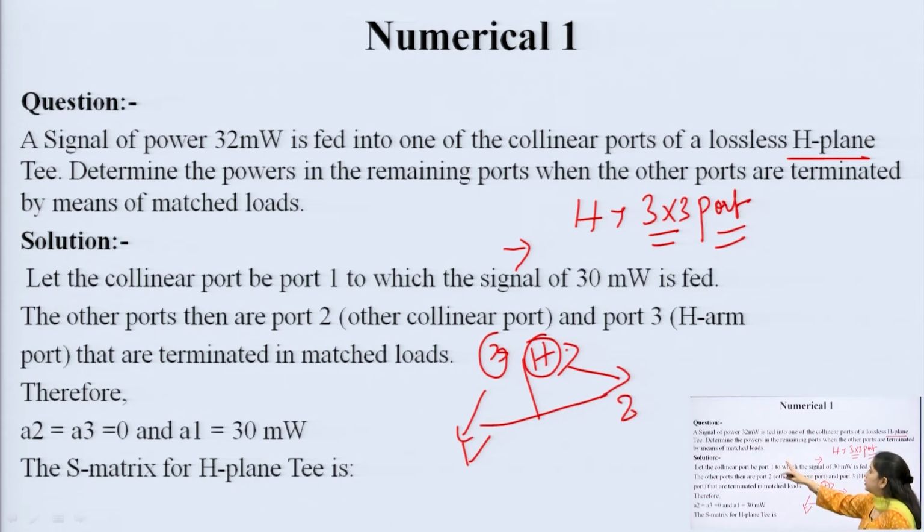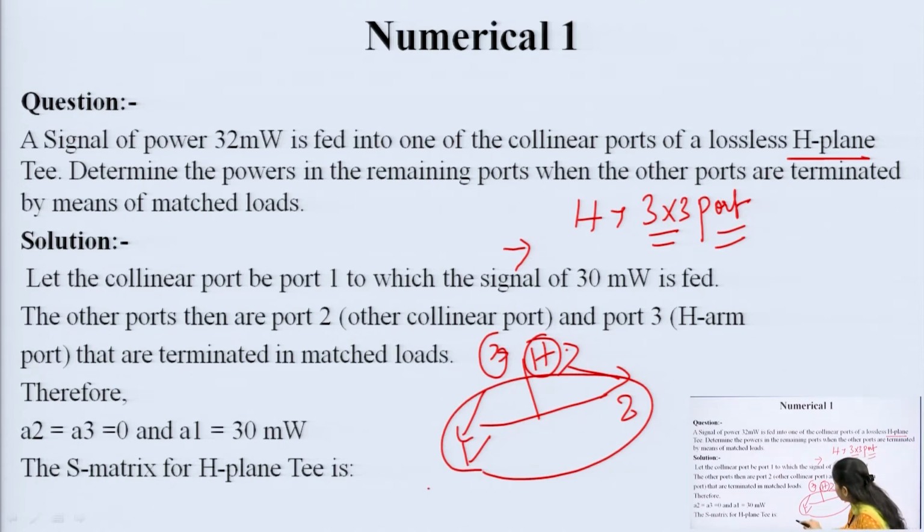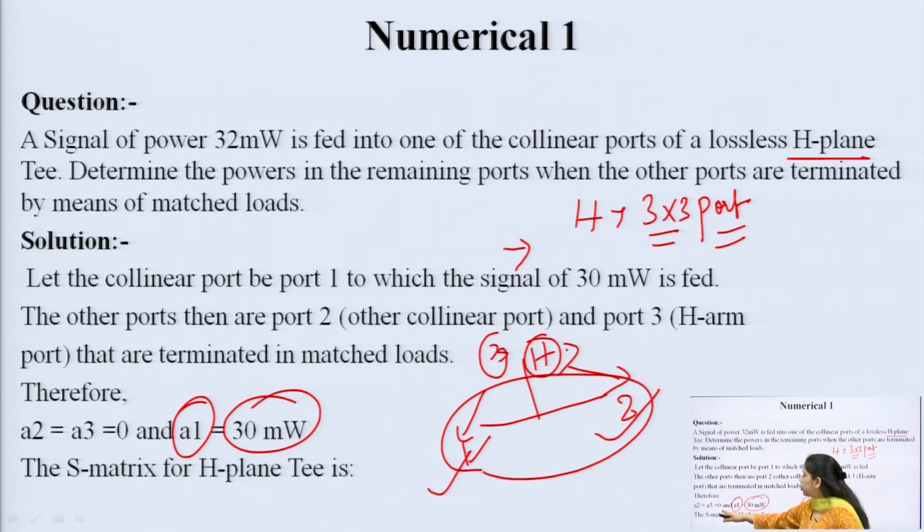The signal of power 32 milliwatt is fed into one of the collinear arms, that is, either into port 1 or port 2. Here we are assuming that power is fed into port 1, so A1 is equal to 32 milliwatt. It is not fed into port 2 and port 3. You can also take A2 as 32, it depends upon you, and here I have taken A1 equal to 32 milliwatt.